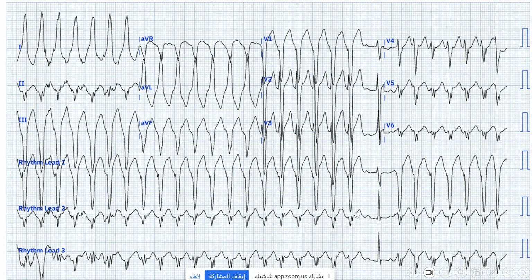It's likely to be a fusion beat. So we have a lot of features here to favor ventricular tachycardia. So this is likely ventricular tachycardia. Why? Because of what we mentioned: concordance, AV dissociation, fusion beat, capture beats, and there are other features, but let us discuss them in another ECG.